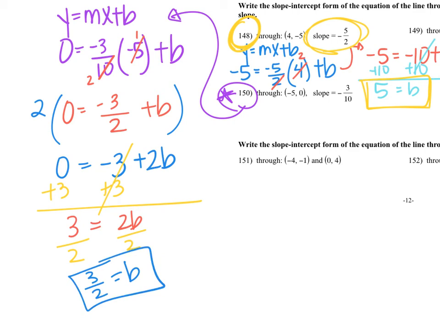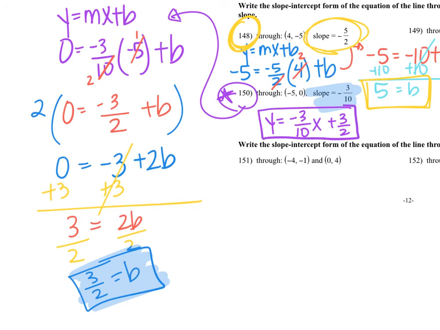Now, I know my b, and I know my slope, which is over here. So my answer for number 150, and I'll write it in purple, is y equals negative 3 over 10x plus 3 over 2.